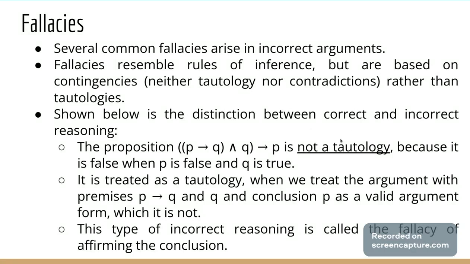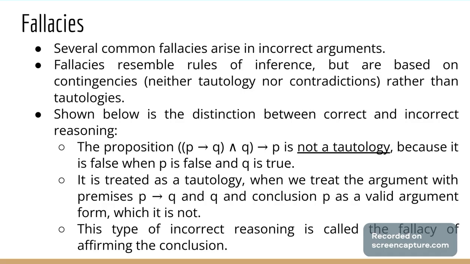Fallacies resemble rules of inference, but the form that has been used is incorrect. The actual rules of inference were based on tautologies. That is, when one statement is true and another statement is true, then the conclusion is true. That is how we had done rules of inference.